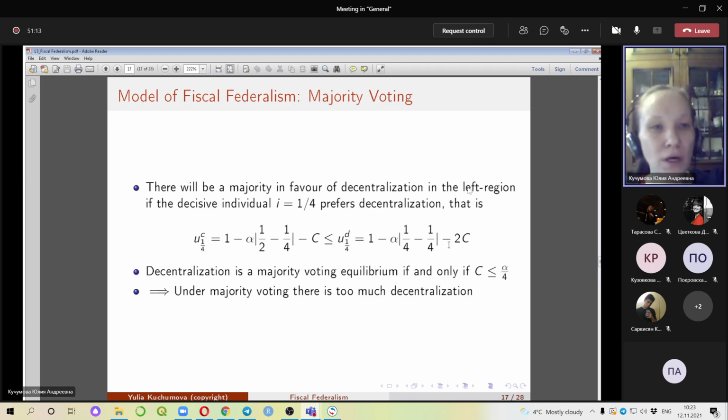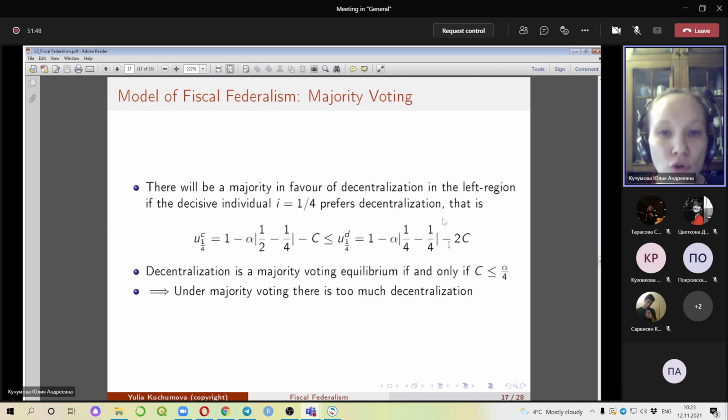Those closer to the border, meaning on the left side. We are talking about the left region. Those who live at the median are in the center. I think what you are trying to say is exactly what we're going to discuss in this slide, so let us do that, and then if you still have a question, you can ask it.